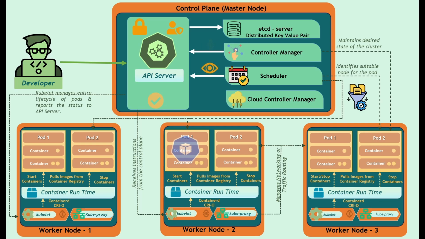The Cloud Controller Manager is a bridge between Kubernetes and the cloud provider. What do I mean by that? Kubernetes itself does not understand cloud-specific APIs. Here is the problem it solves. Let's say you're running Kubernetes on Amazon's EKS. You create a service of type LoadBalancer.